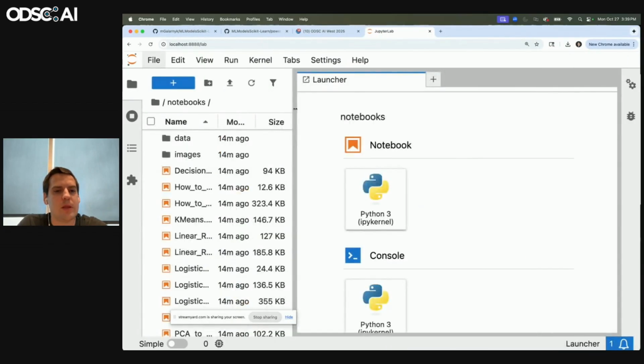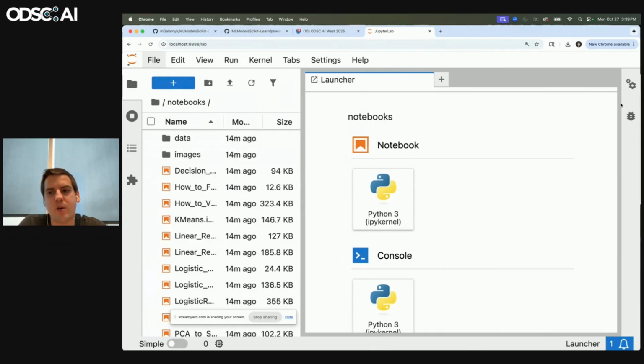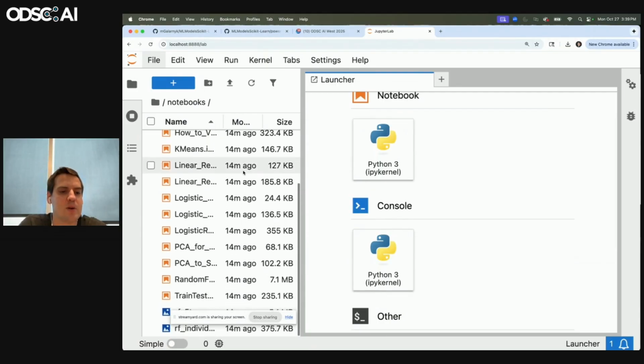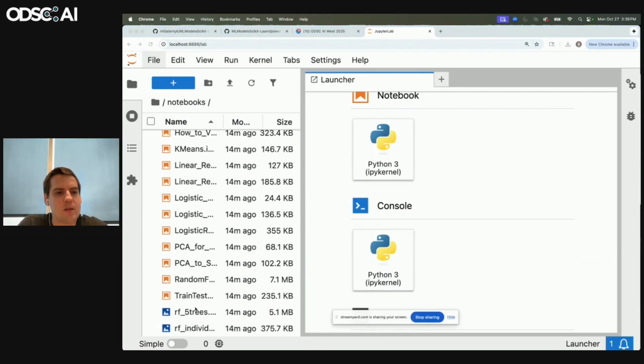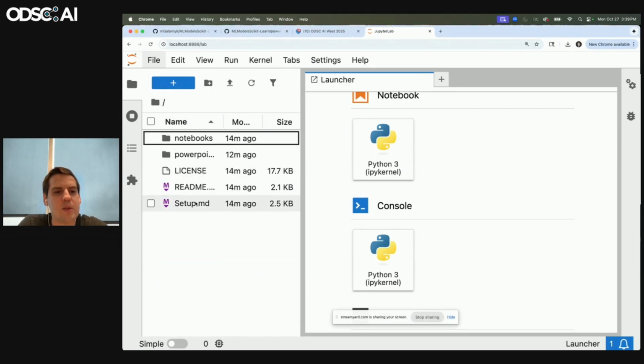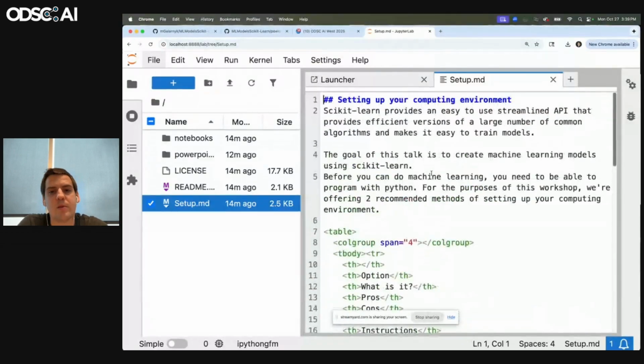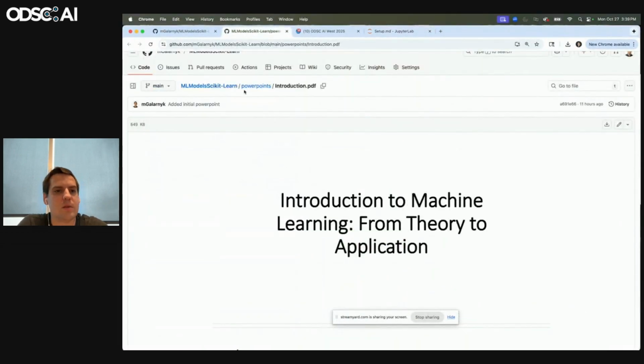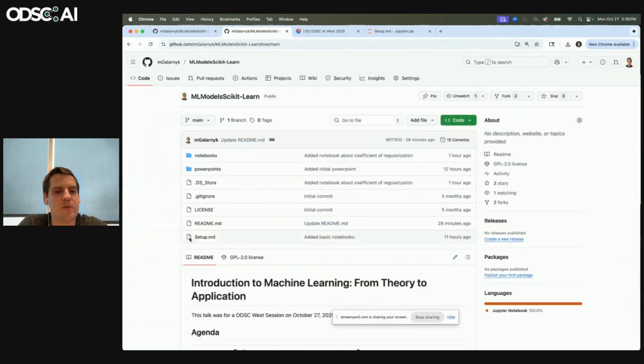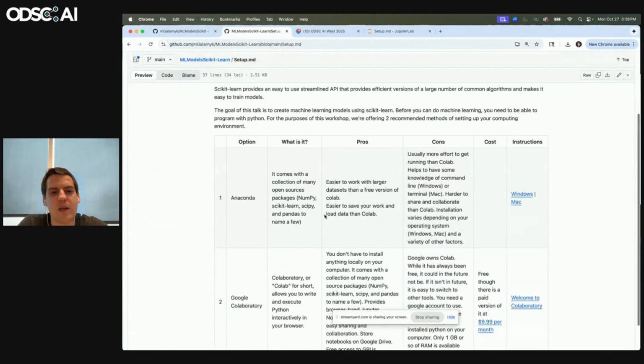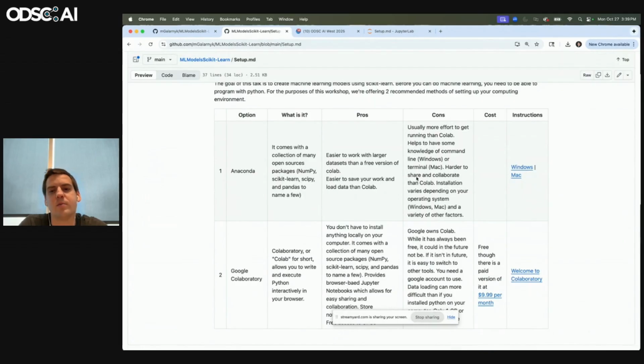Okay. So I open Jupyter Lab, and you can open VS Code. You can open whatever you want to be able to follow along if you like. So the one thing I want to first mention is, rather than starting with the notebook, starting with setup, right? What we had over here, and I think I mentioned this before, you can follow along either through Anaconda or any basic Python installation of any sort.